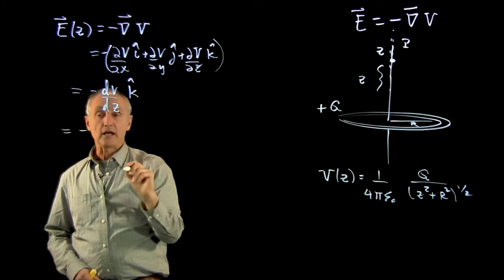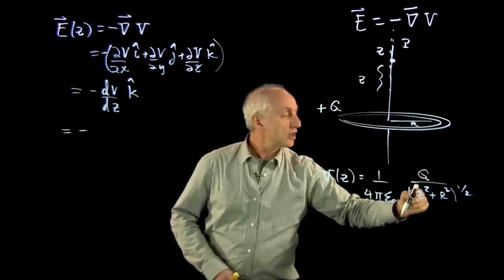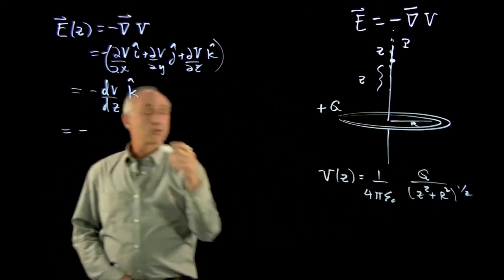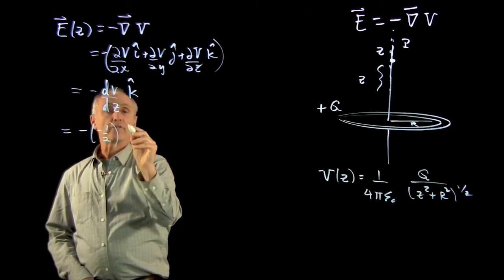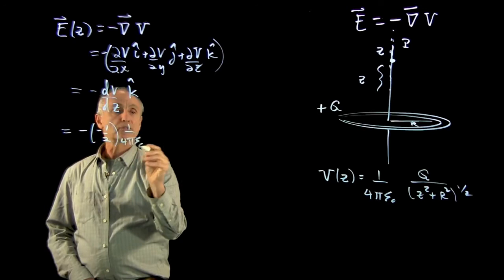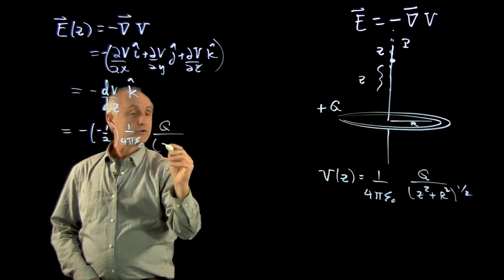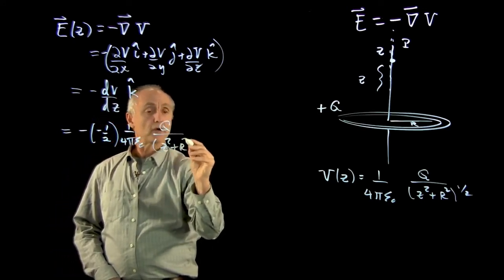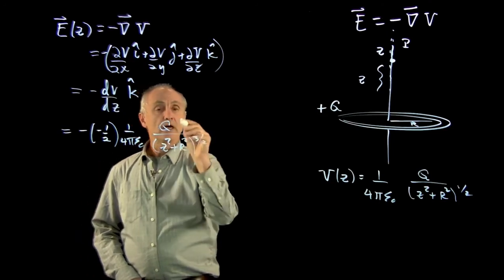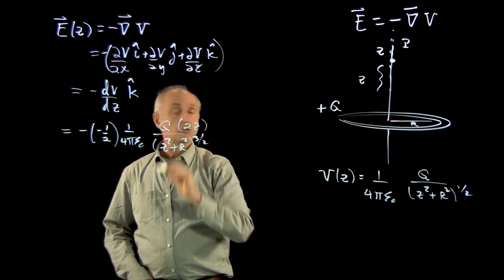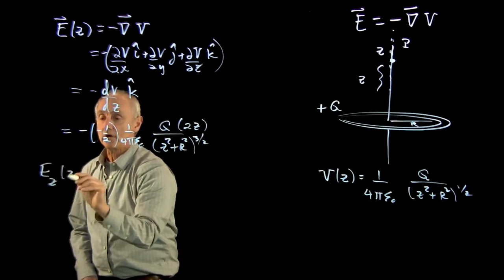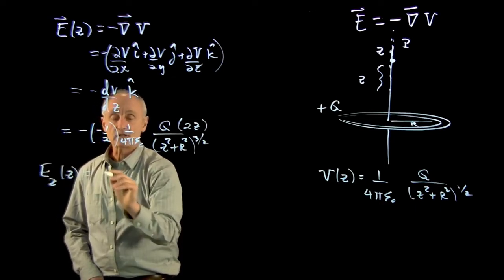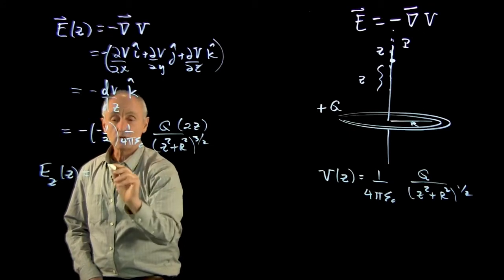We have the minus sign on the outside. When we differentiate 1 over (z squared plus r squared) to the 1/2, we get a minus 1/2. We have the constant 1 over 4 pi epsilon naught. We have q over (z squared plus r squared) to the 3/2. And upstairs, we have a 2z. And so for the z component of the electric field on the axis, the 2's cancel.